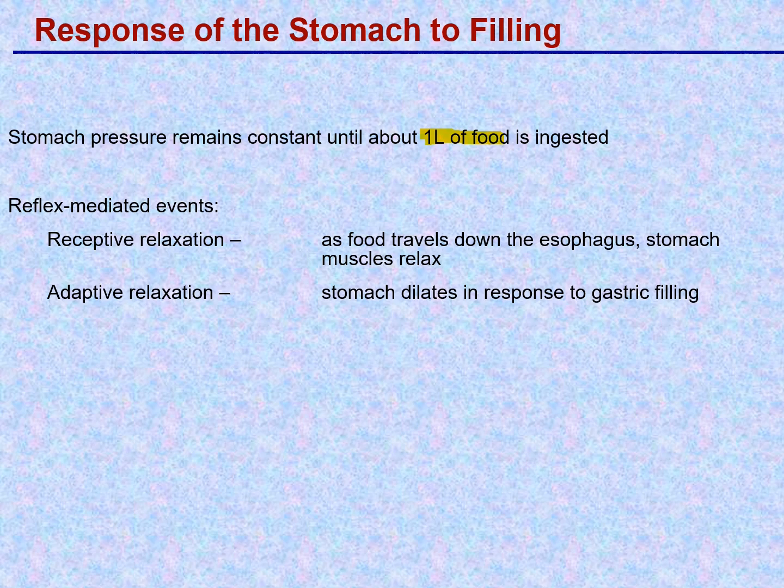You get reflexes that occur, events that are triggered by reflex action. There's the receptive relaxation of the stomach: as food travels down the esophagus, the stomach muscles will relax because of this reflex called receptive relaxation.